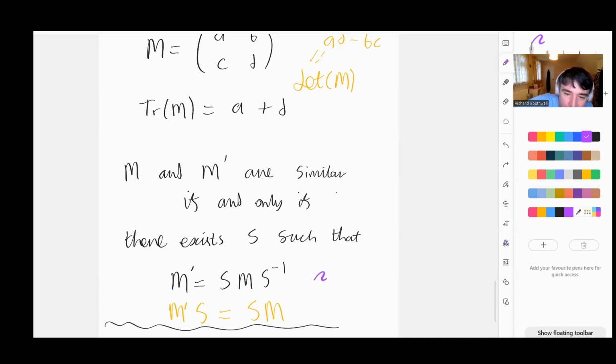More precisely, if we want to do this M dash operation, we can apply the inverse of S, then apply M, and then go back by applying S. So really, in a sense, this is about converting one problem into another problem.